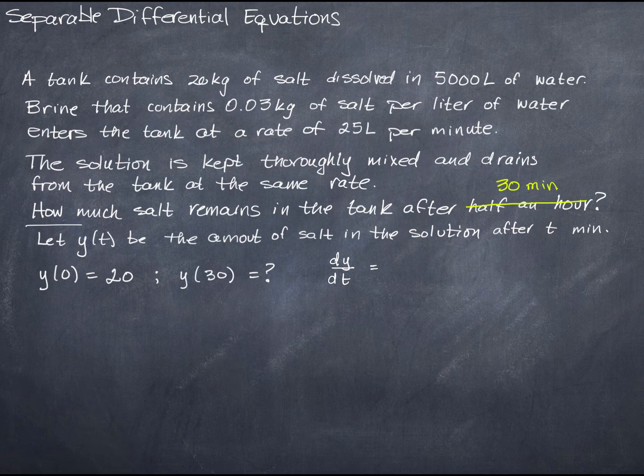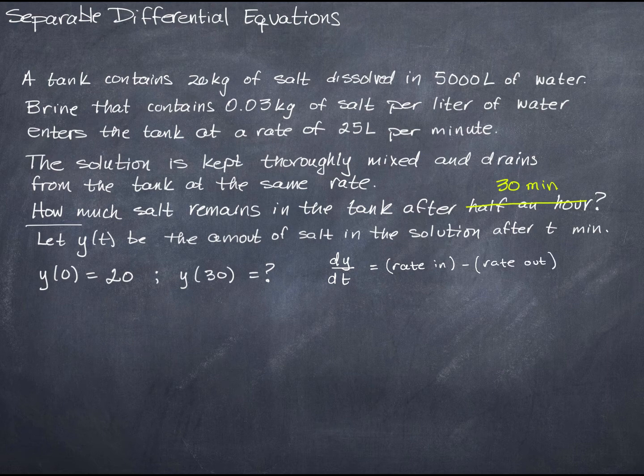So dy dt is the rate of change of salt in the tank, and we can write that as sort of a rate of salt coming in to the tank minus the rate of salt going out of the tank.